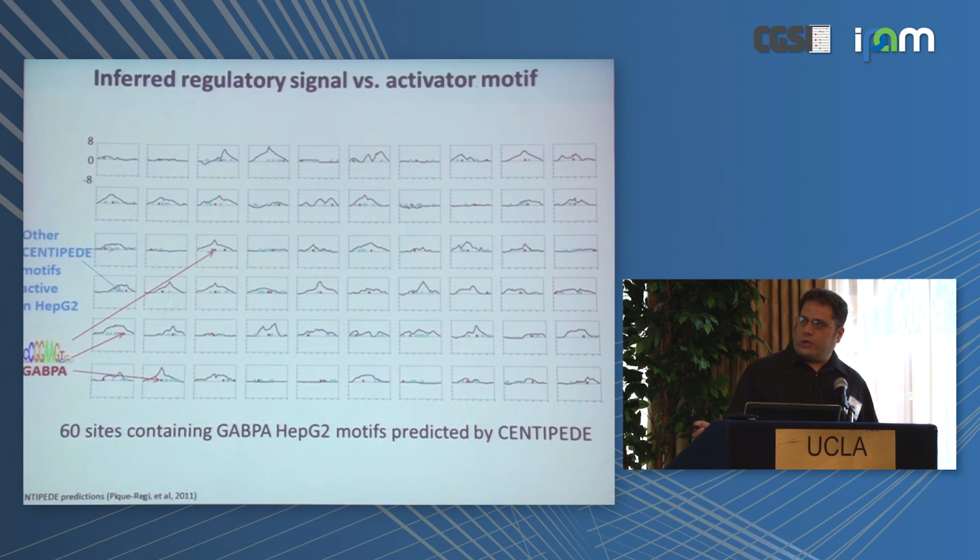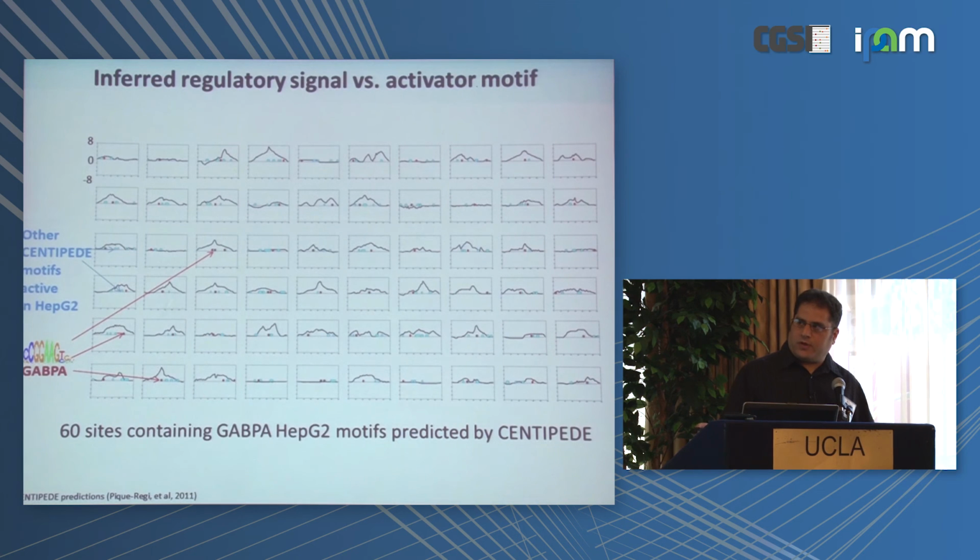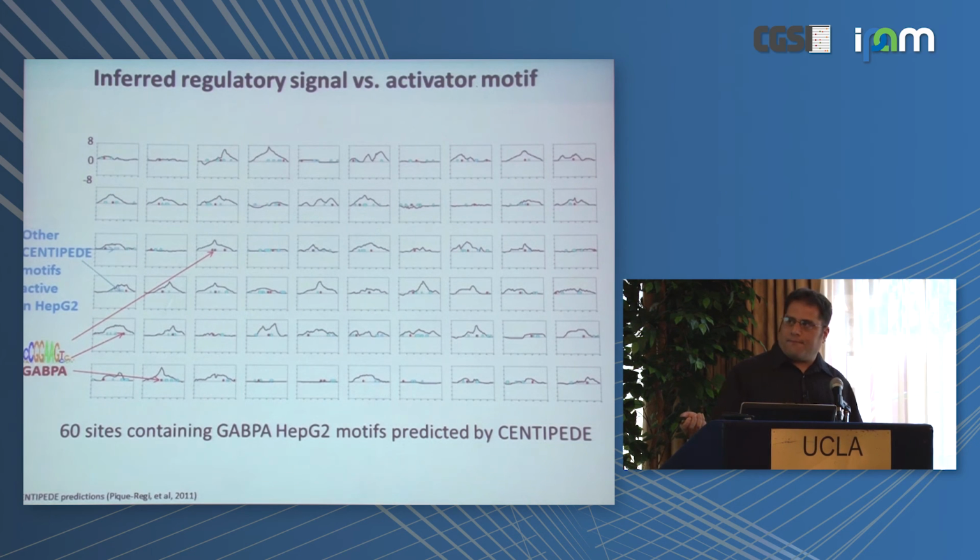So now this is showing you more examples of our inferences. I'm taking every location that we tested that had a GABPA predicted regulatory site active in the cell types by the CENTIPEDE method in red, blue for other regulatory motifs predicted by it, and black is our overall inferred activity.